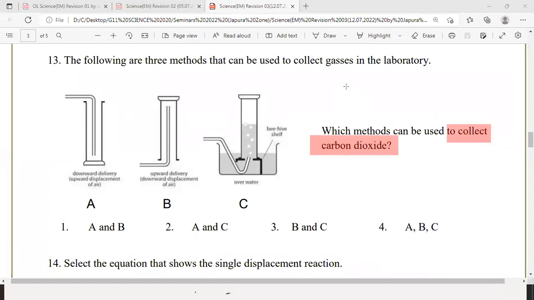Any volunteers who can give me the answer for this 13th MCQ? Yes? Who can give me the answer for the 13th MCQ? Right. I'll ask the answer from the same set of students who raised their hands most of the time.